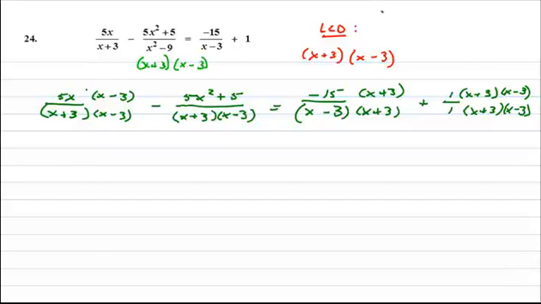So we have 5x squared minus 15x over the LCD.